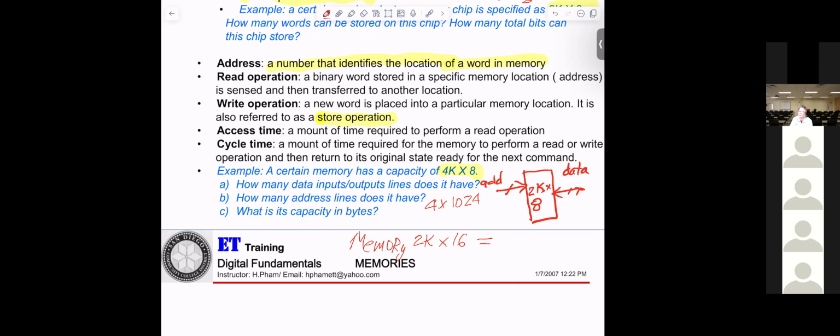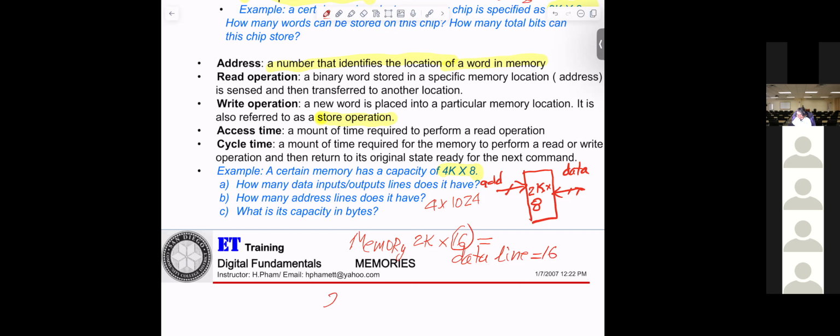Okay, how many data lines? 16, yeah. Okay, how many address lines?